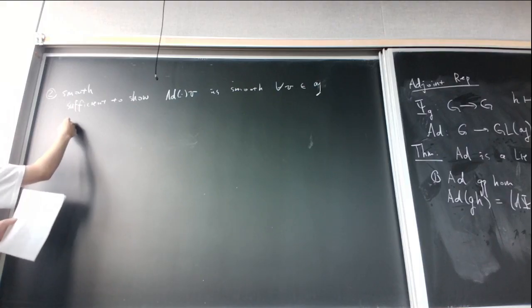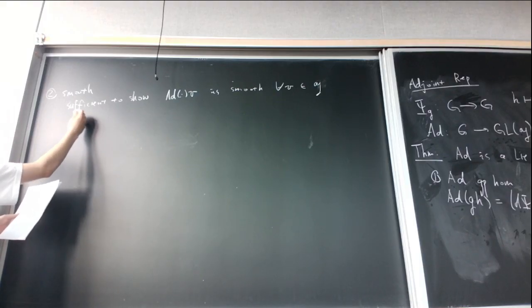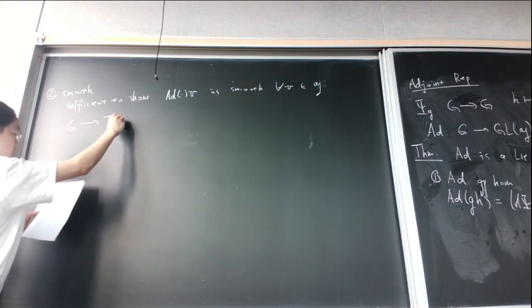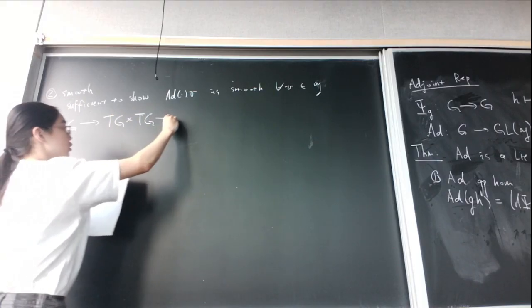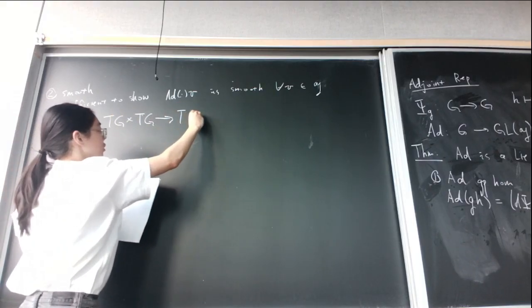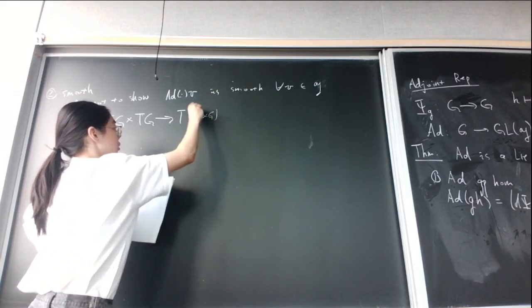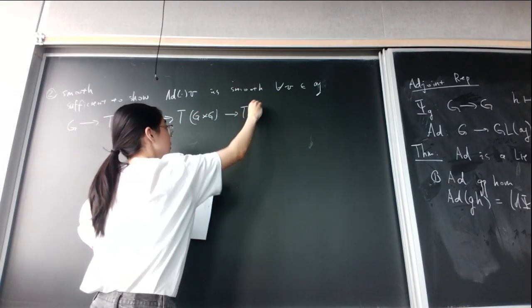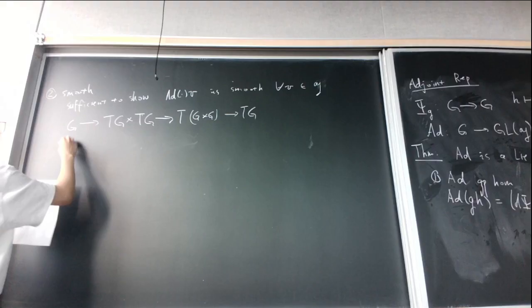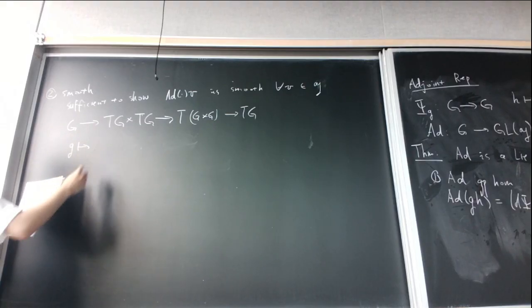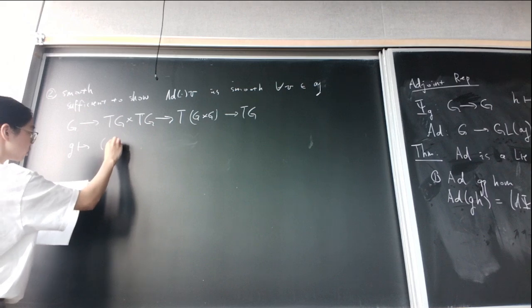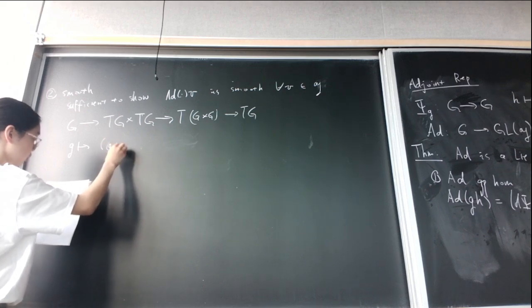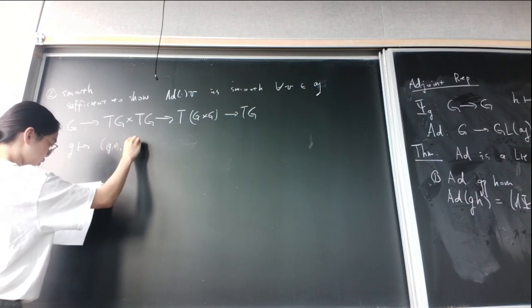So it is the composition of the map that sends G to (G, 0_G), (E, v).